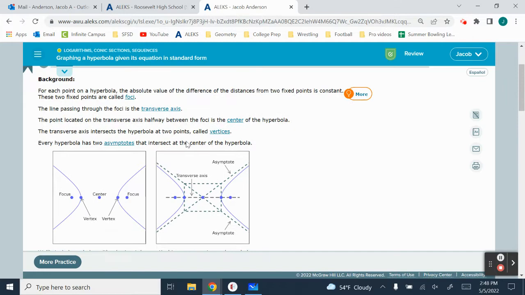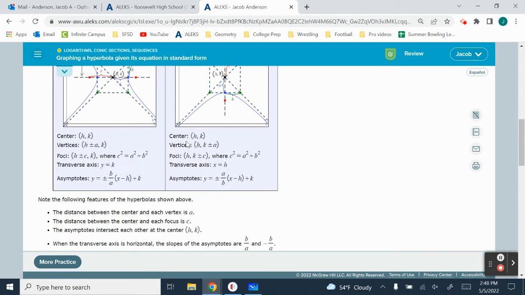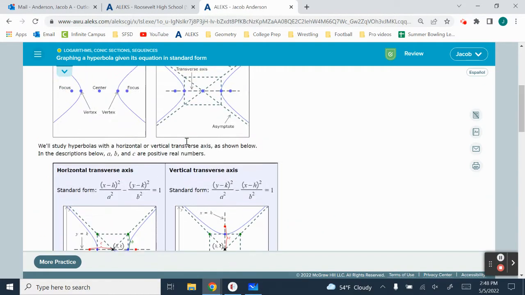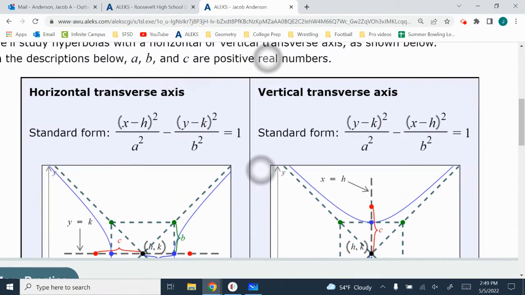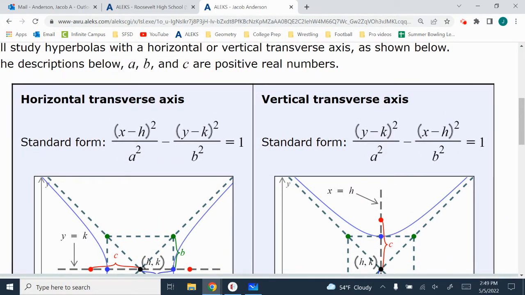I do have a little bit of stuff that I'll write down, but as you can see, the examples are kind of tricky. So I just wanted to go through, I guess, the two basic forms of how you're going to know something is a hyperbola.